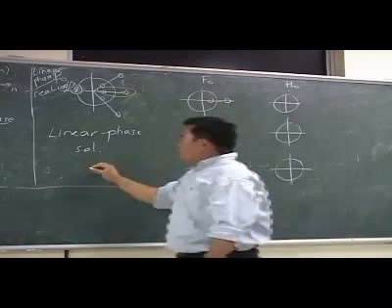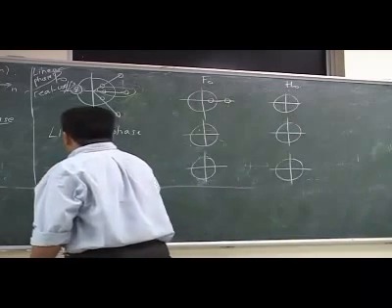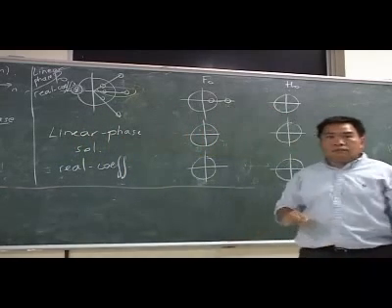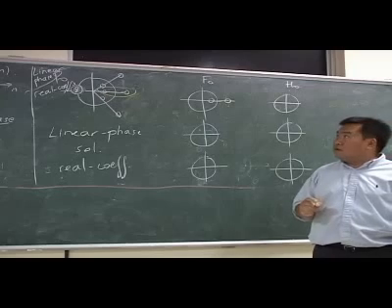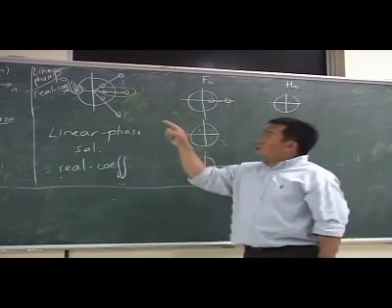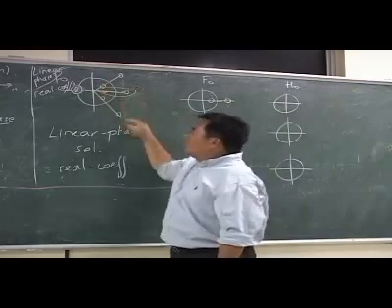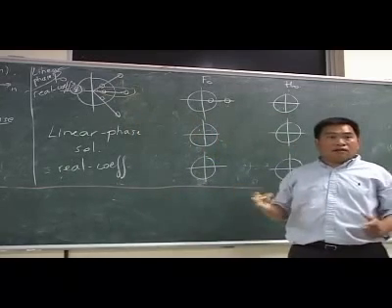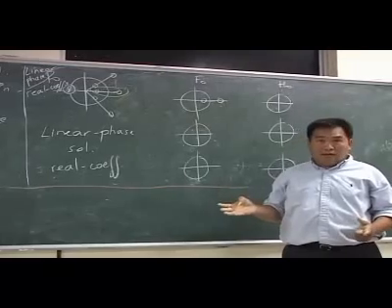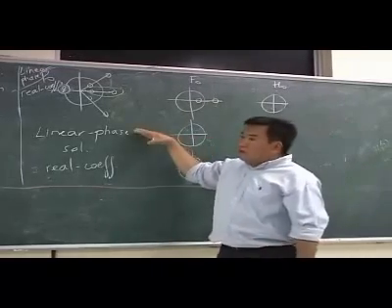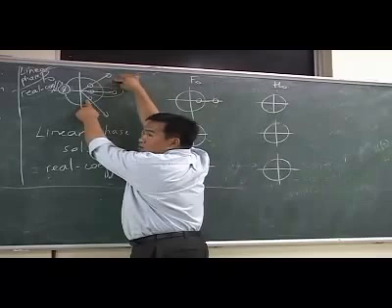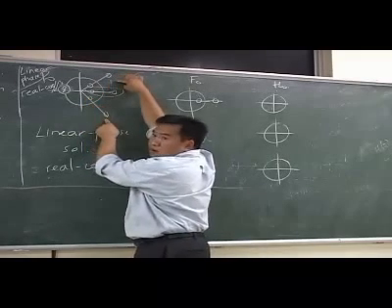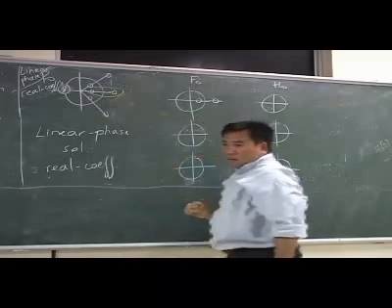I want linear phase and, let's say, real coefficient. Both linear phase and real coefficient. How do I deal with this set of 4 zeros? Do they have to go together or not? Together. Right? If you want linear phase, then this pair go together. If you want real coefficient, then this pair go together. If you want both, all 4 have to go together.